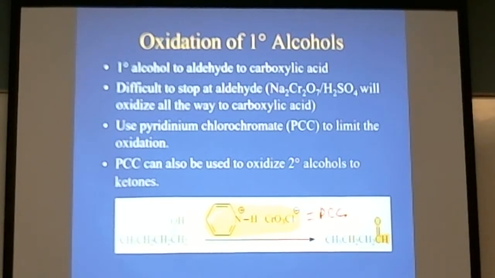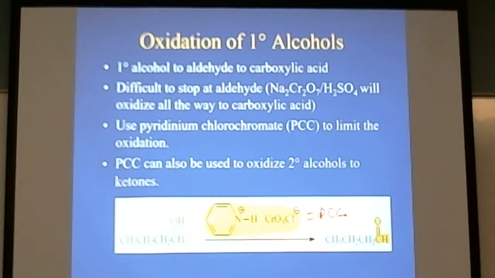There's an additional reagent that you can use, but it's a reagent that you need to make in situ with a bunch of different reagents, whereas PCC is a nice orange powder that you just add in. 99.9% of the time we use PCC. So we're not going to worry about a Swern oxidation.